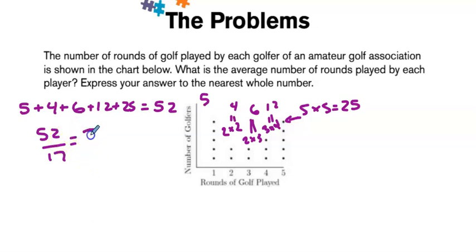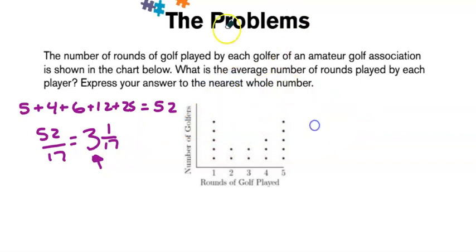I know that 3 times 17 is exactly 51, so I have 1 remaining, 1/17 left. So the nearest whole number is going to be 3. The average number of rounds played by these golfers in an amateur golf association is 3 rounds. And really, looking at our chart alone, we should have been able to take a pretty good guess that it was close to 3 because of how close to symmetrical it is.